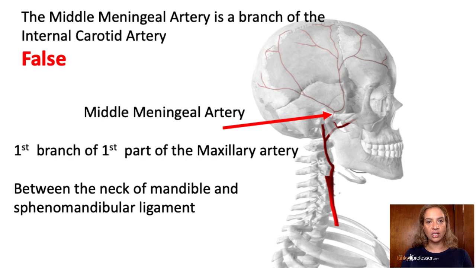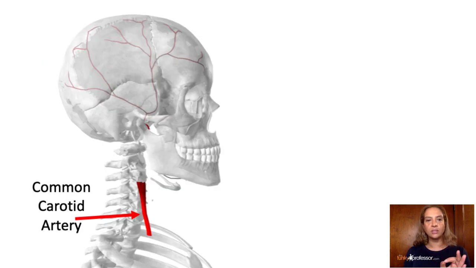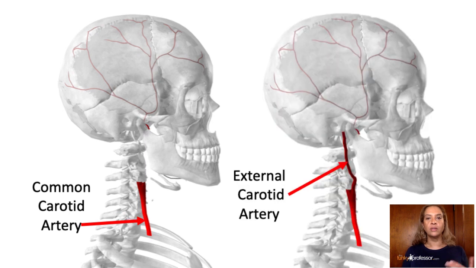So the middle meningeal artery is actually the first branch of the first part of the maxillary artery. The maxillary artery is found between the neck of the mandible and the sphenomandibular ligament. Let me show you how we get to that. So we start off with the common carotid artery, which divides into the external carotid artery and the internal carotid artery.